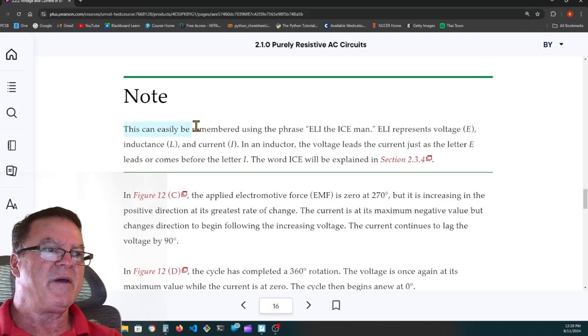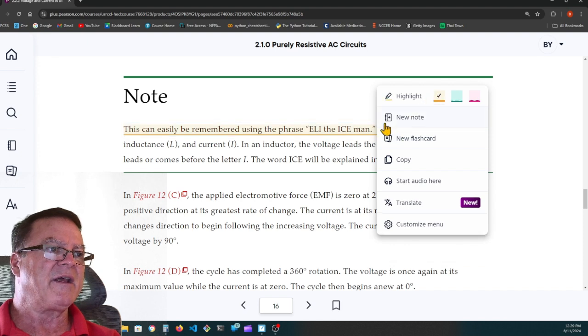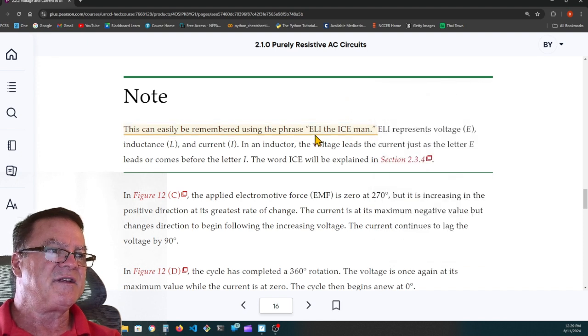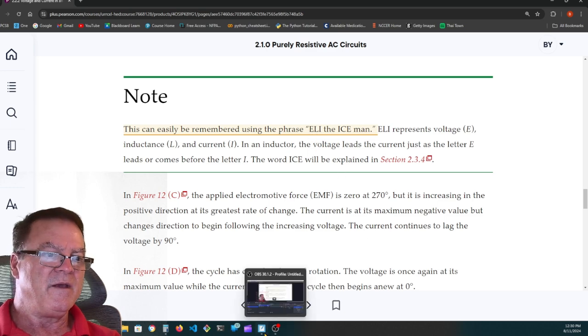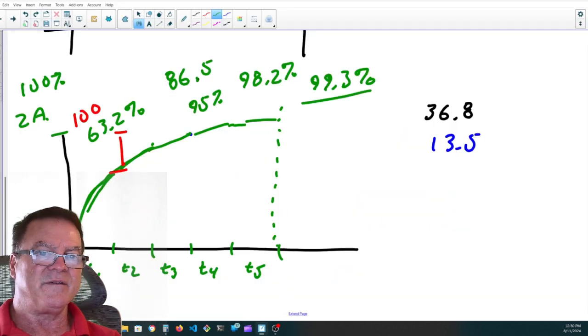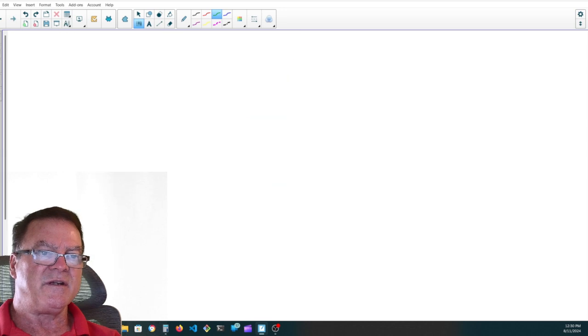This can easily be remembered using the phrase Eli the Iceman. It's a mnemonic, and this says in an inductive circuit, the voltage leads the current by 90 degrees. And in a capacitive circuit, the current leads the voltage by 90 degrees. Remember, L is for inductance. All right, let's see what we can see.